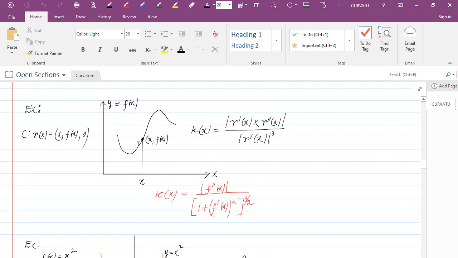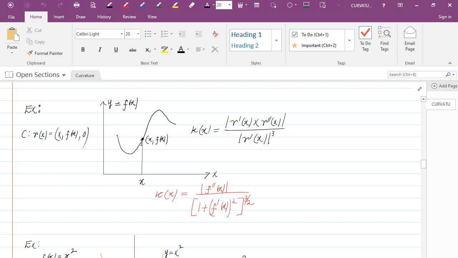And the question is, how do I find the curvature of the curve at the point x, f of x? Well, even though this is a curve in 2-space, we can parameterize that as a curve in 3-space in the following way.